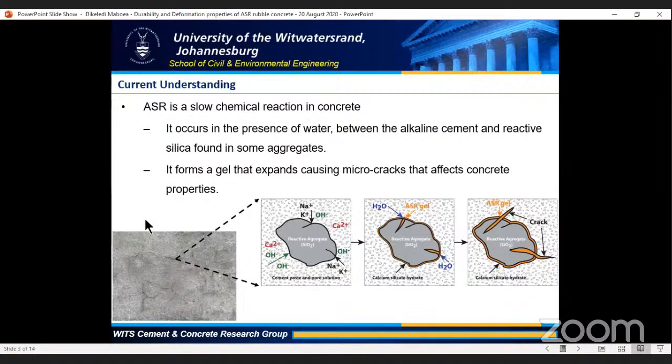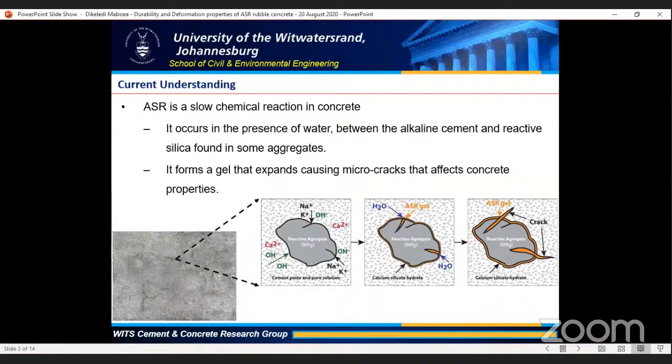Okay. So currently I understand that alkali silica reaction is a chemical reaction that occurs in concrete, and it's between a silica-rich aggregate and an alkaline cement with the presence of water. This chemical reaction forms a gel that expands, causing microcracks.